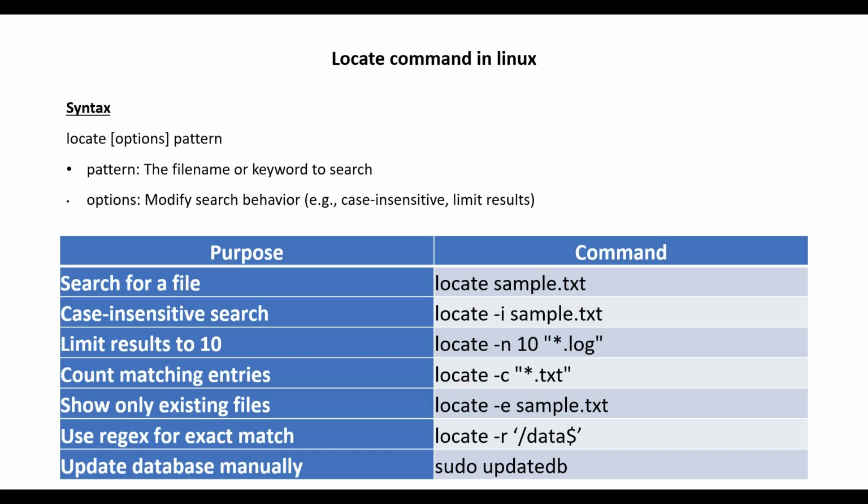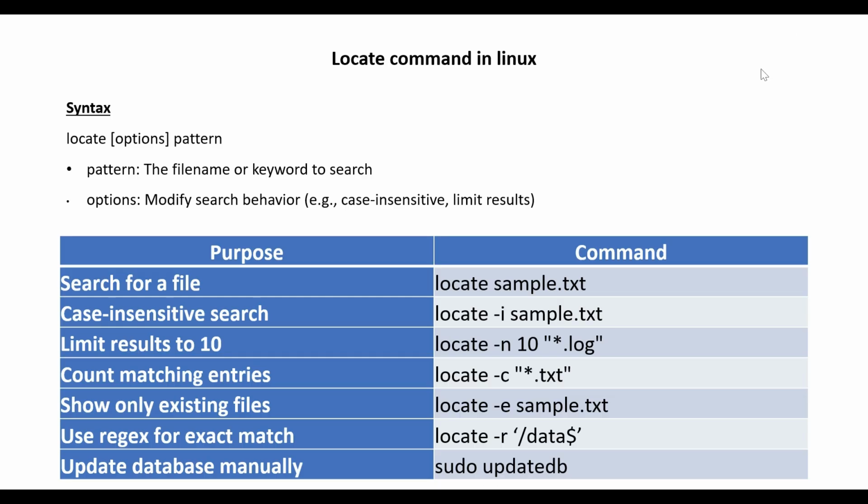A newly created file should be added into the database and a deleted file should be removed from it, and that will not happen unless you update the database. That is why we have the command updatedb. Sudo is used if you are executing as a normal user. Without sudo, you can also execute if you are root or have appropriate permission.